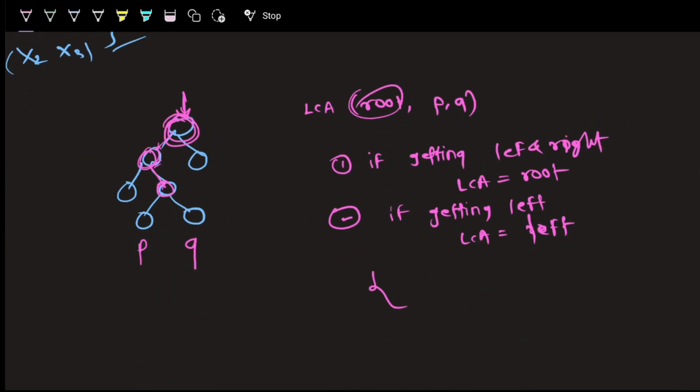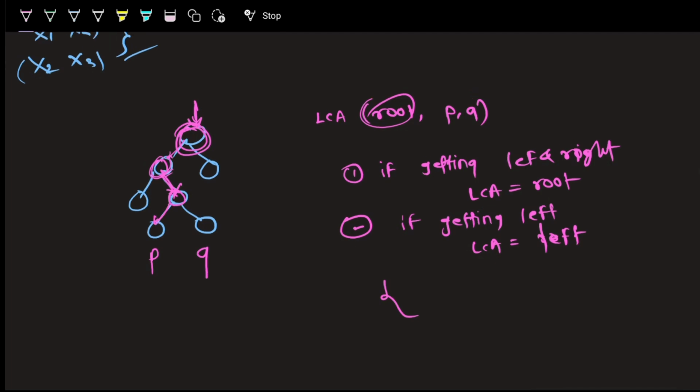I will ask again this root, hey root, can you tell me on which side both P and Q are present. It will tell me on the left side, on the right side. So I will just go here. I will ask this root, hey tell me on which side it is present. It will tell me, hey, both P and Q are present on the right as well as the left. So this case means LCA, right? So I will just say, okay, return the root in this case.